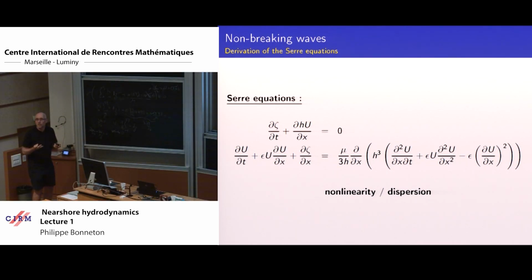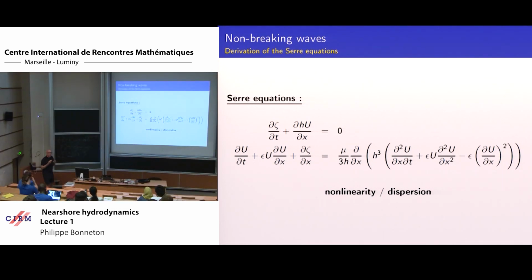It is a shallow water equation system with a nonlinear term, with epsilon and mu. So mu is really a shallowness parameter, but also it is a parameter which controls, remember, this term, which is a non-hydrostatic pressure term.